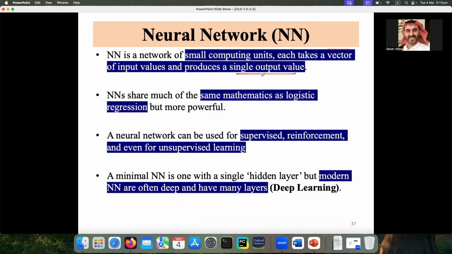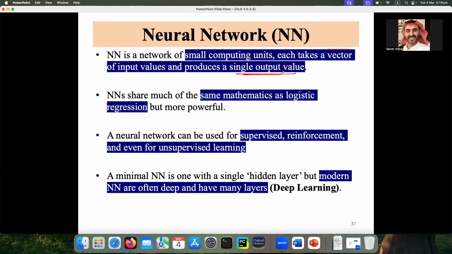When we were doing how to prepare the data, there was a topic on how to convert your data into numeric form. We converted some nominal data, which were nouns, into numeric form, and then we can use it. And it will produce a single output. The mathematics of neural networks is very similar to logistic regression.